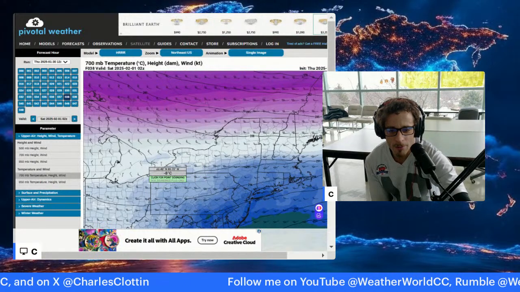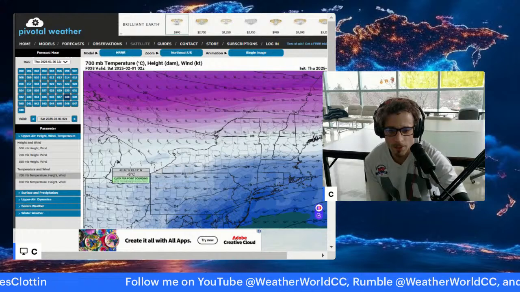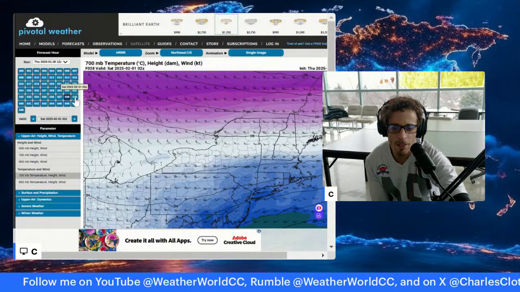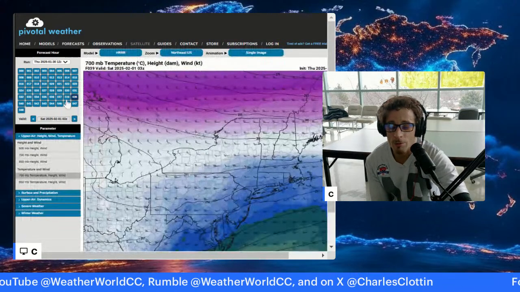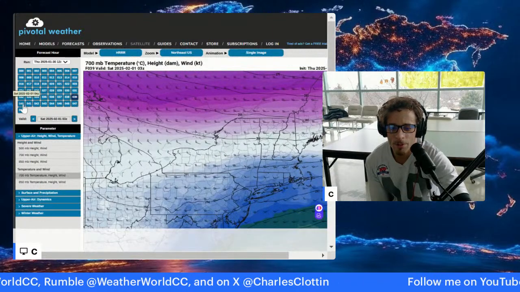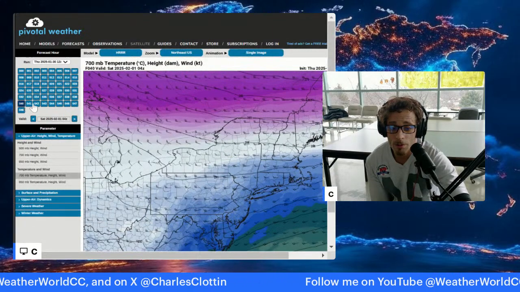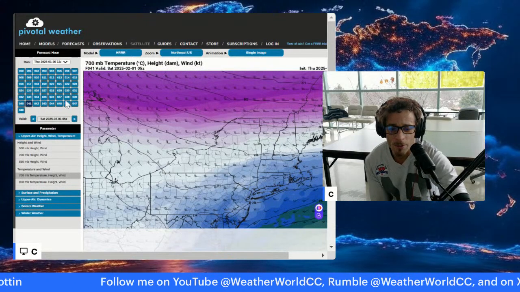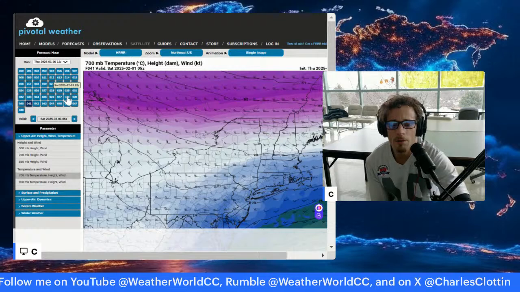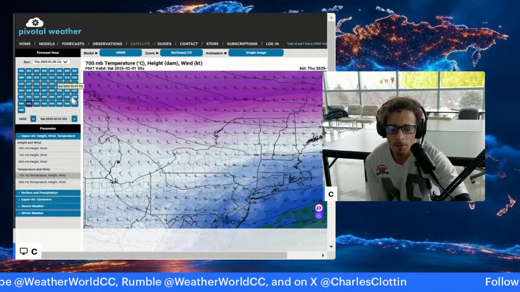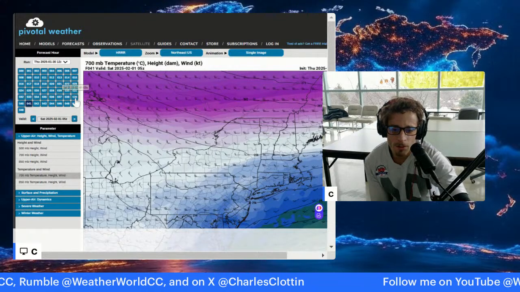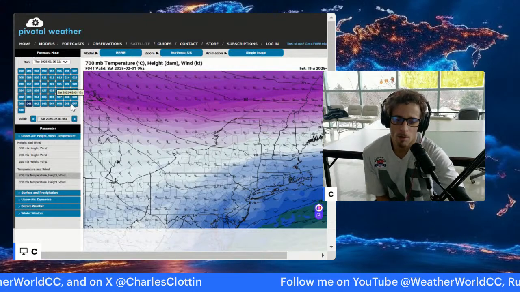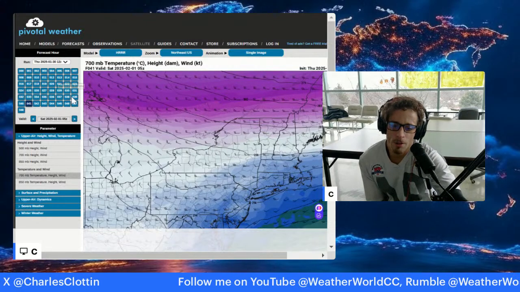You've got a short wave that looks like it's just sitting over Lake Erie. The little short wave sits there for about 3 or 4 frames, about 4 hours, before it straightens itself out to more of a zonal flow.